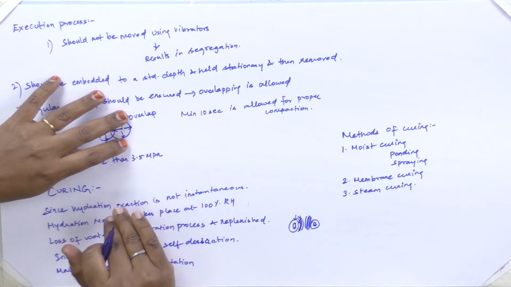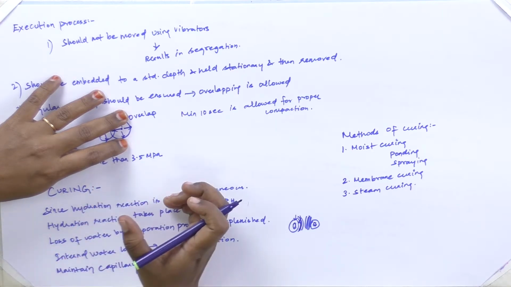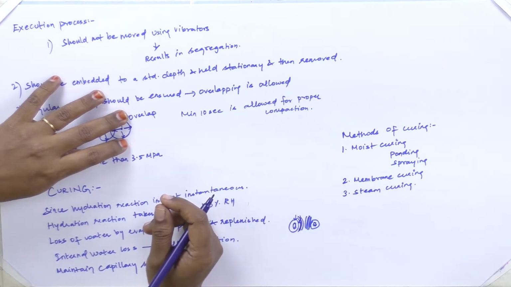But even so, it is emphasized that fresh concrete should not be subjected to high temperature. If it is being done, then it will spoil the concrete strength. That is, at the later stage, the strength of concrete will be decreasing.